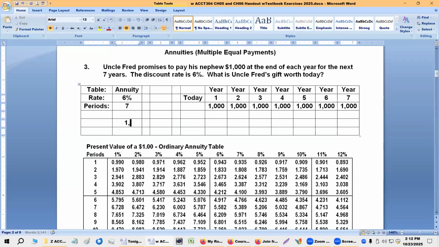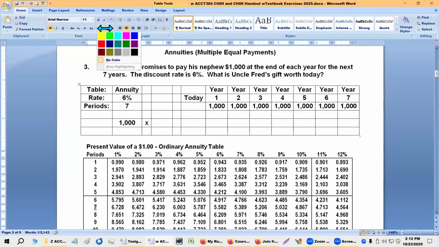So we're going to take 1,000, that's how much each of the payments are, times, see, 7 periods, 6% is 5.582.